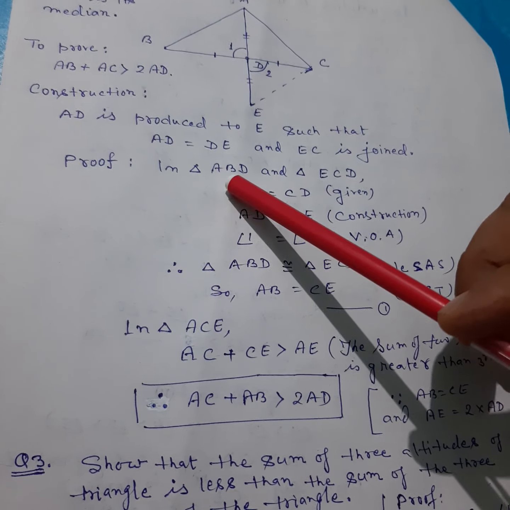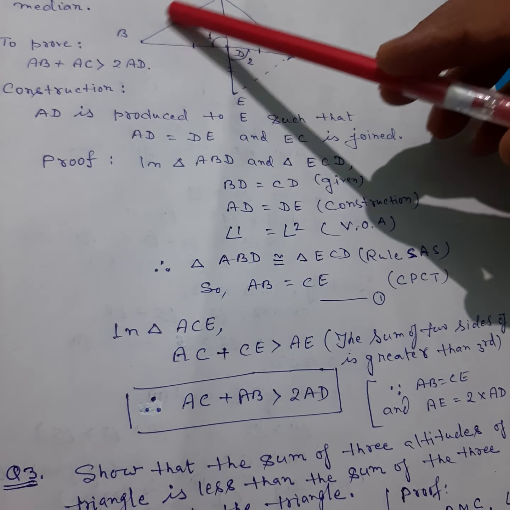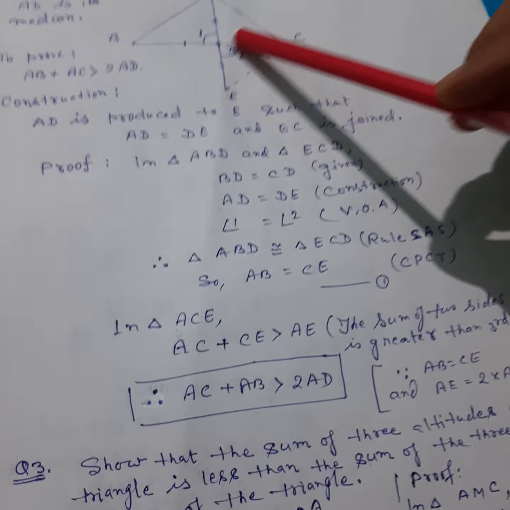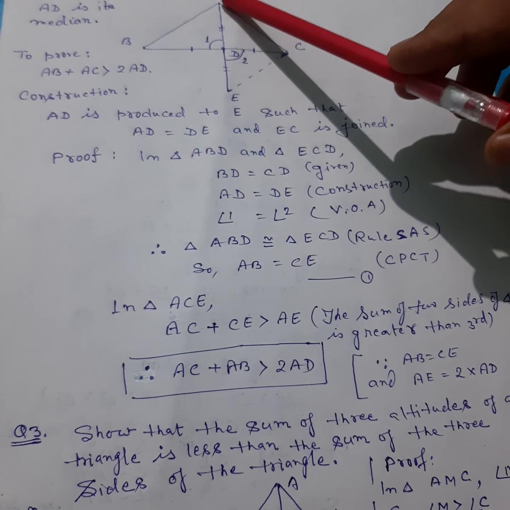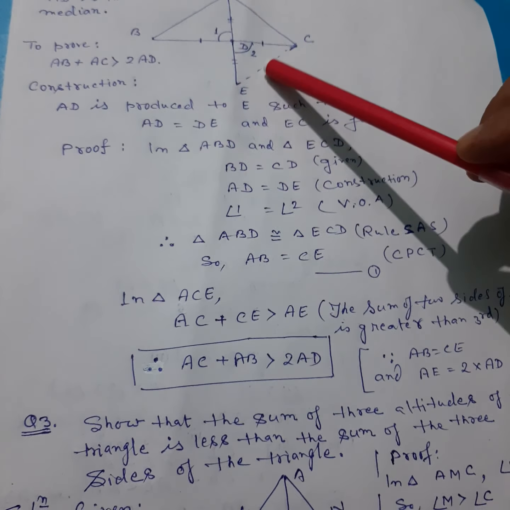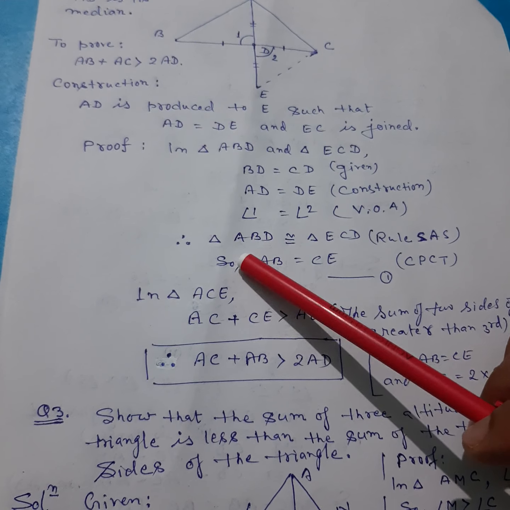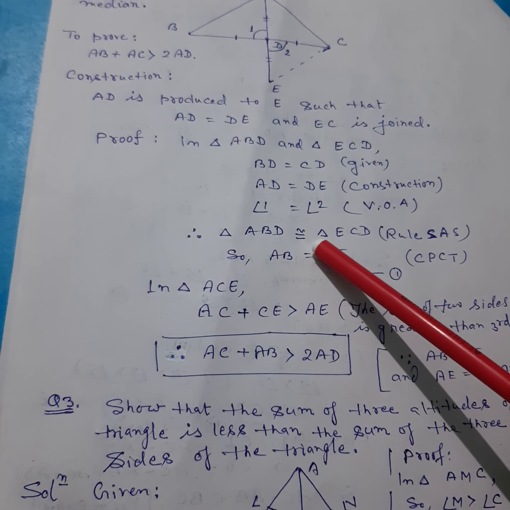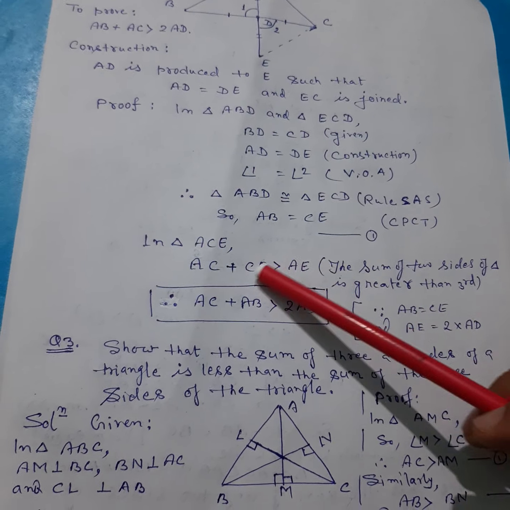Proof: in triangle ABD and triangle ECD, as we observe BD equals CD, AD equals DE from construction, and angle 1 equals angle 2, vertically opposite angles. So triangle ABD is congruent to triangle ECD by the congruence rule SAS.